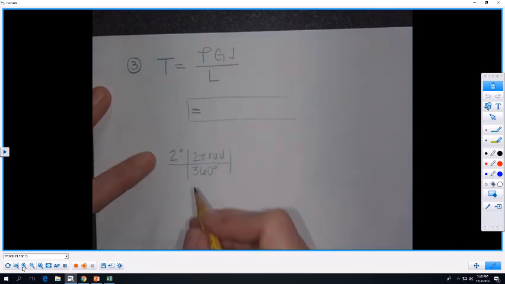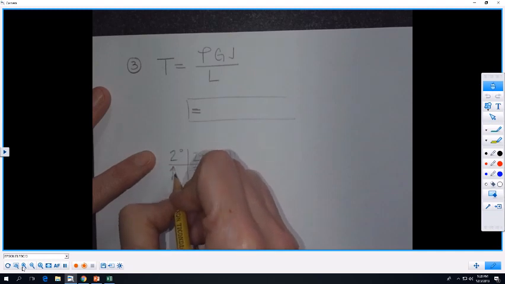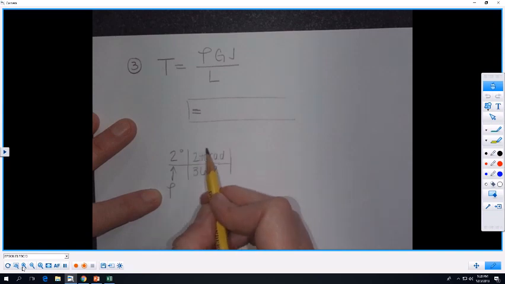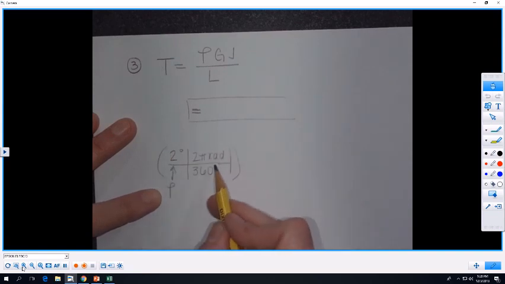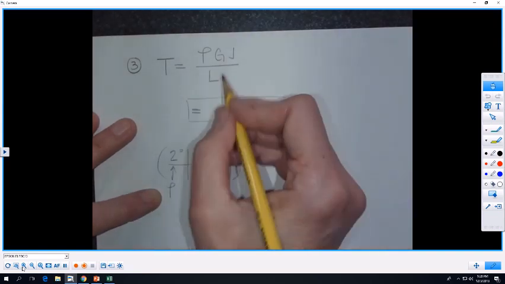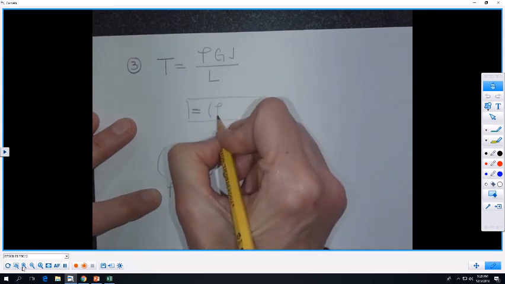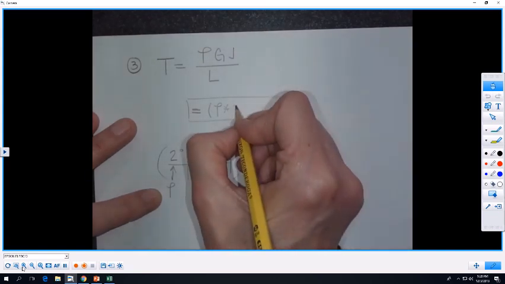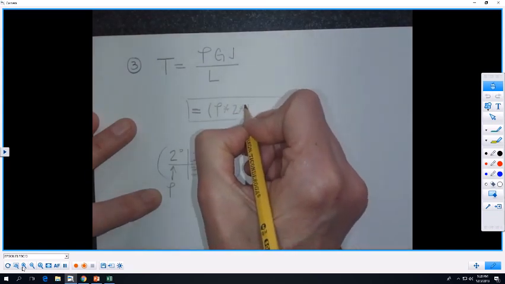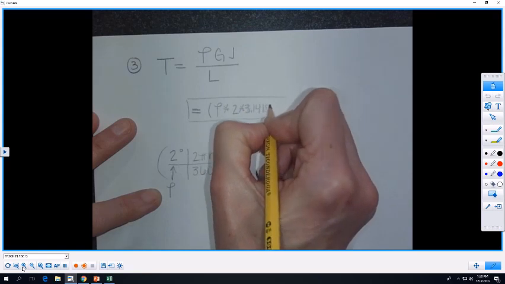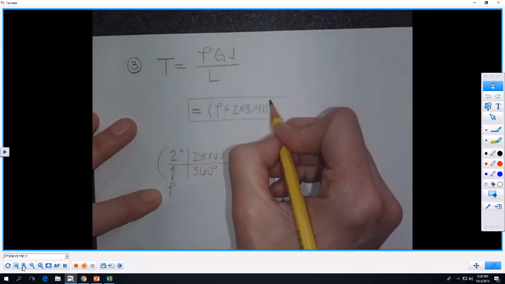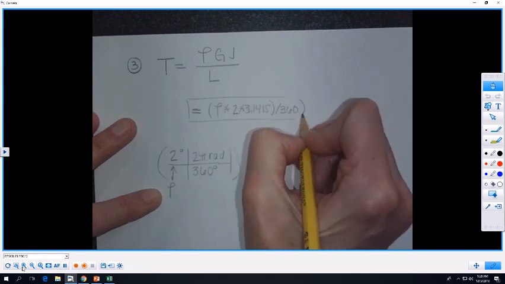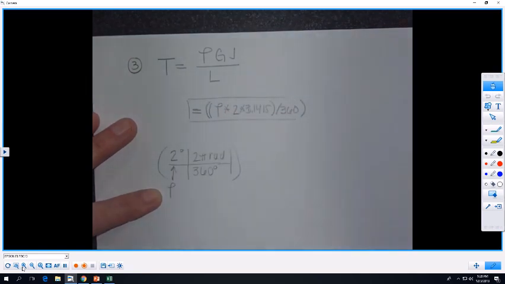Now, this is going to be our angle of twist in degrees, but we have to add onto it this portion. So, parentheses, angle of twist, times 2 times pi, 3.1415, okay? Parentheses, divided by 360, and then parentheses around both of those.